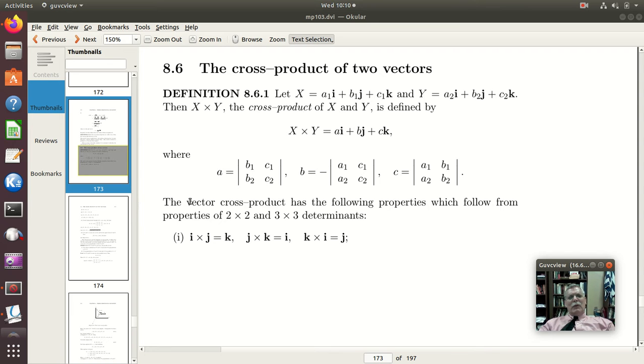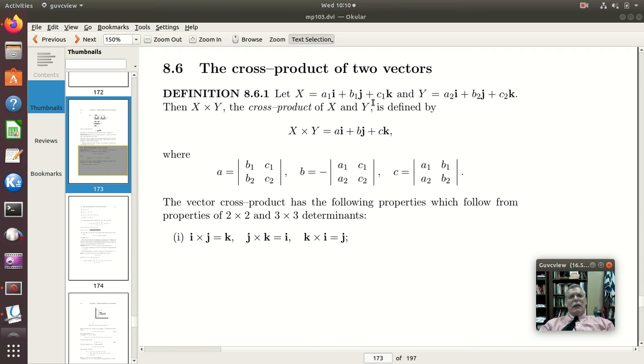What I like to do is look at the idea of, okay, if I have two three-dimensional vectors in space, I would like to find a third vector that's orthogonal to those two vectors.